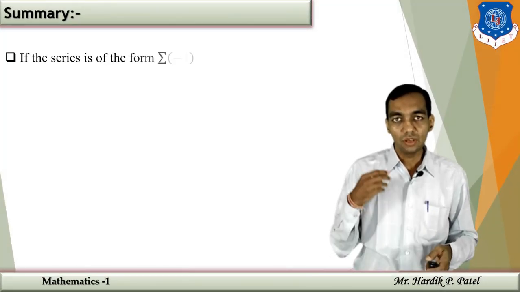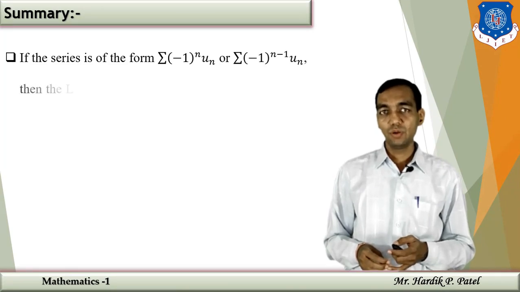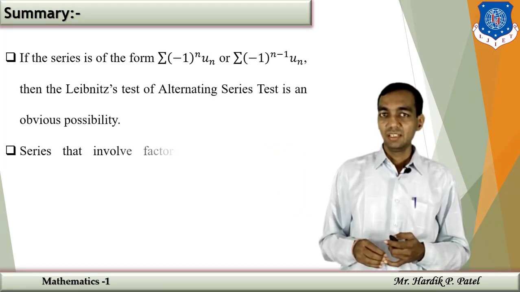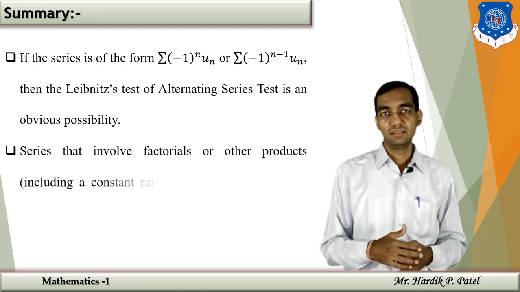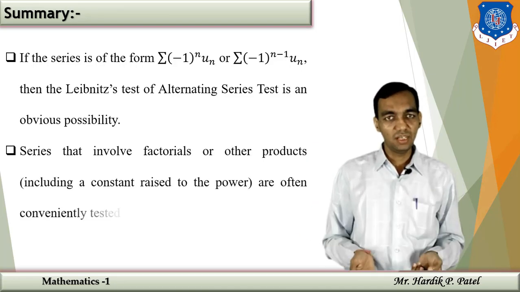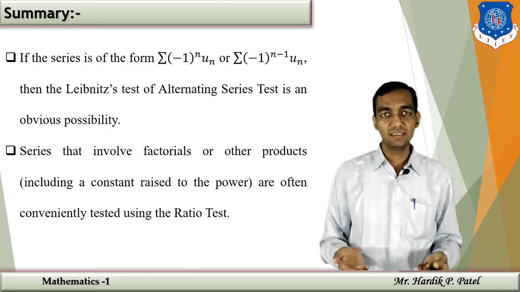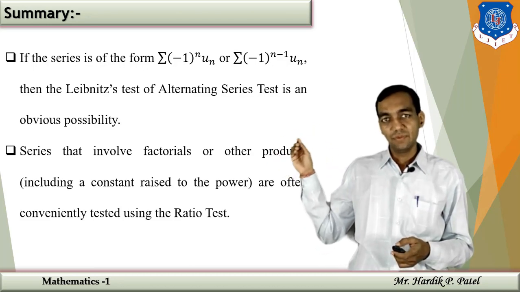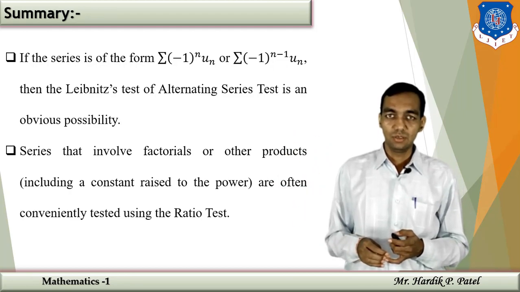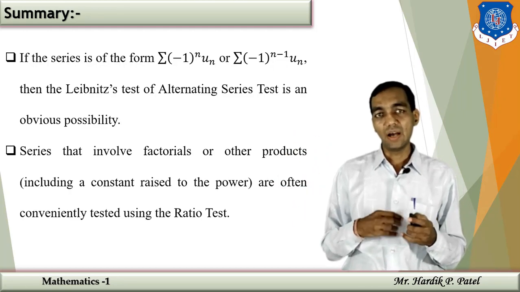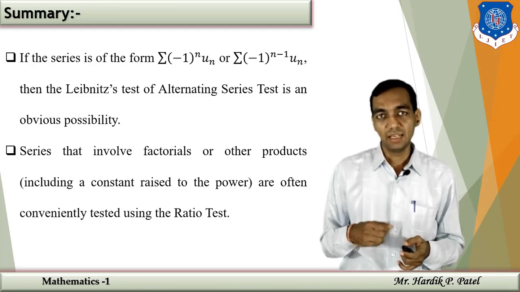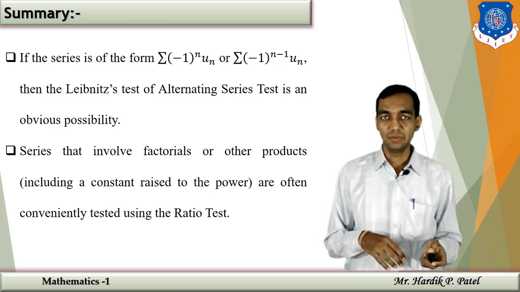Now, if the series is of the form sigma minus 1 raised to n into un, that means it is an alternating series. So there is only one test for alternating series, that is the Leibniz test. In the same manner, if the series contains factorials or some powers of constants or some multiplications of constants, then the ratio test is applicable.